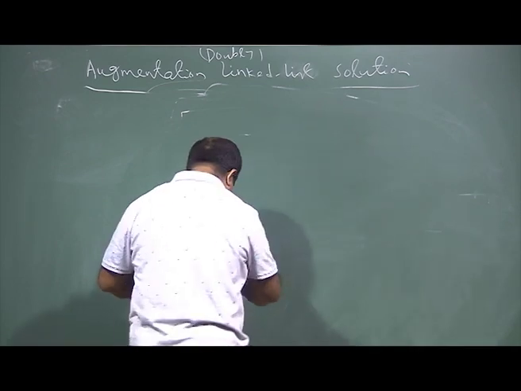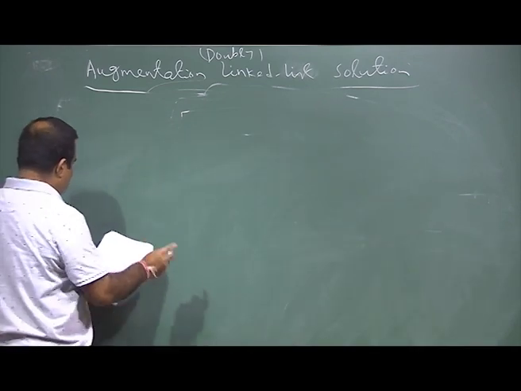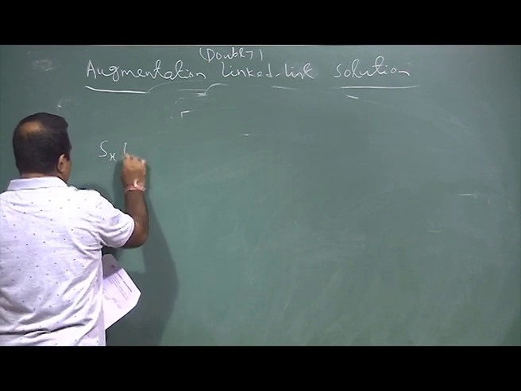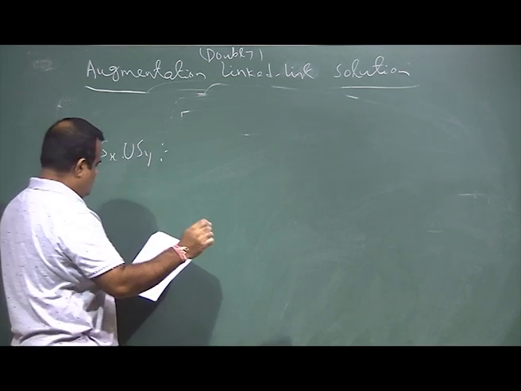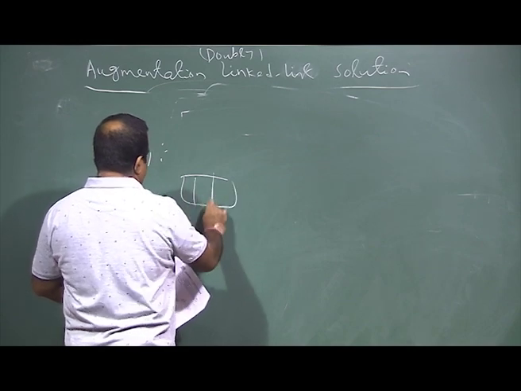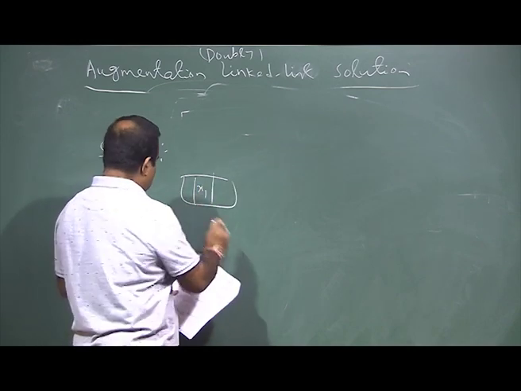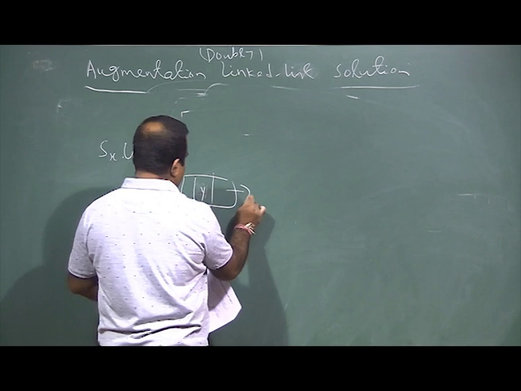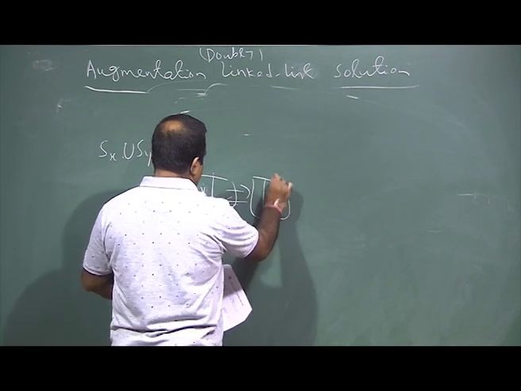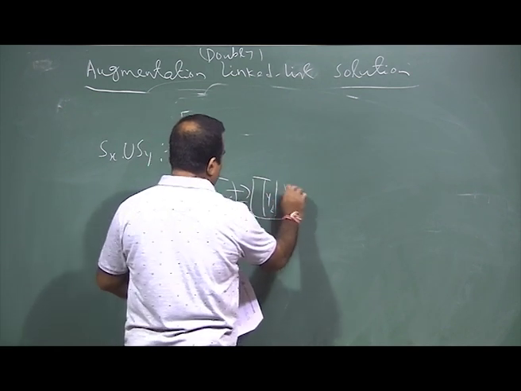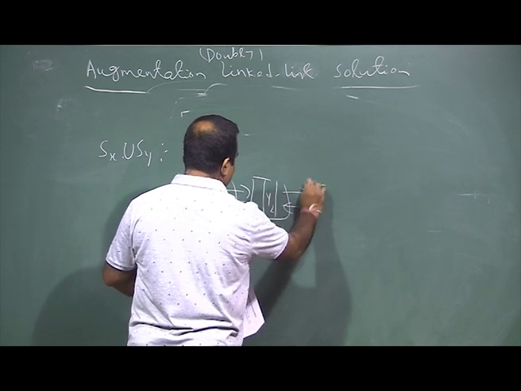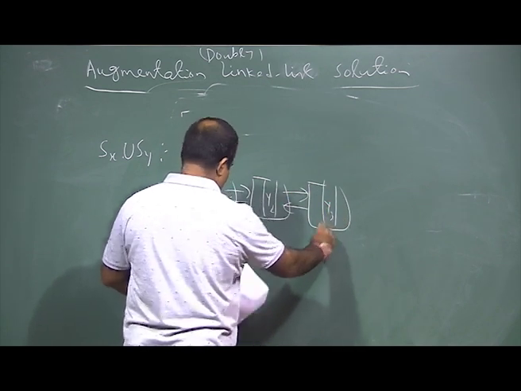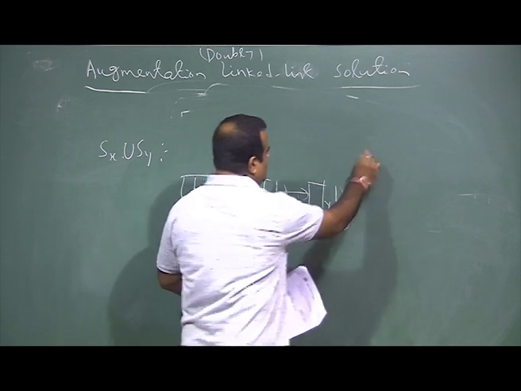Instead of merging S x with S y, we are going to merge the other way. So this is our union now. This is y 1, y 2, y 3, and now we are merging this.